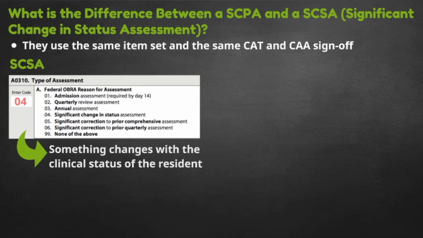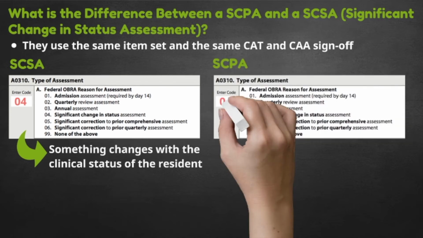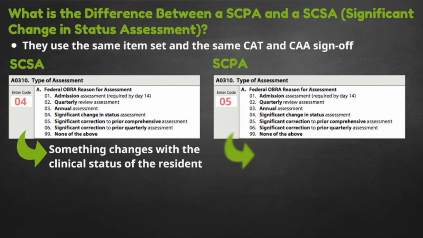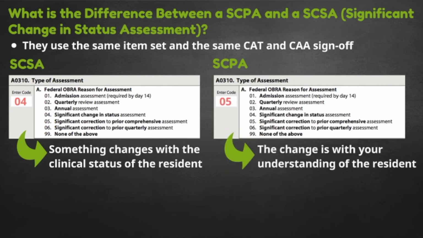The SCPA, A0310A equals 0.5, means that nothing really changed with the resident. The change is with your understanding of the resident. So it means that only one new piece of information can trigger an SCPA if that new information has far-reaching medication, therapy, dietary, and/or housing implications enough to require a major change in the care plan.